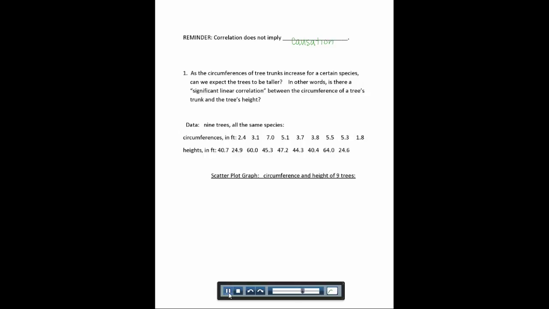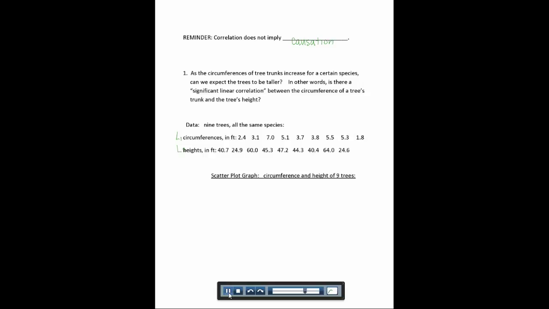Okay, so we'll look at a problem here. As the circumference of tree trunks increases, so as they get wider, can we expect the trees to get taller? In other words, is there a significant linear correlation between the circumference of a tree's trunk and the tree's height? We have 9 trees, all the same species, and we've got their circumference and their height. Their circumferences we put in L1, and their heights we put in L2.